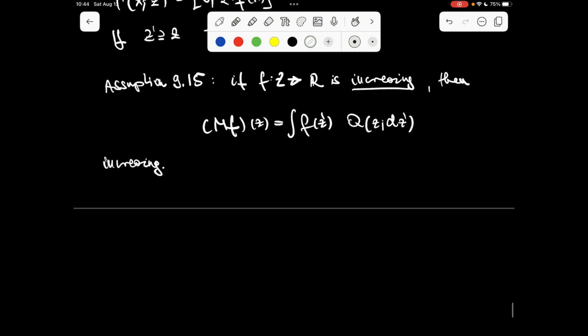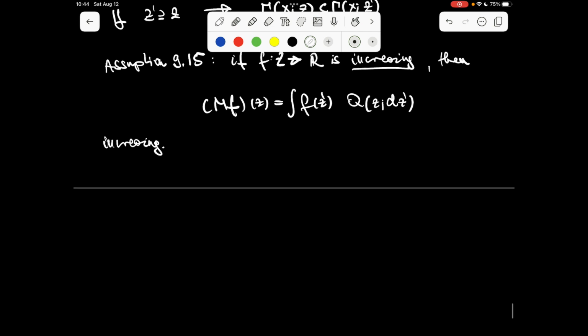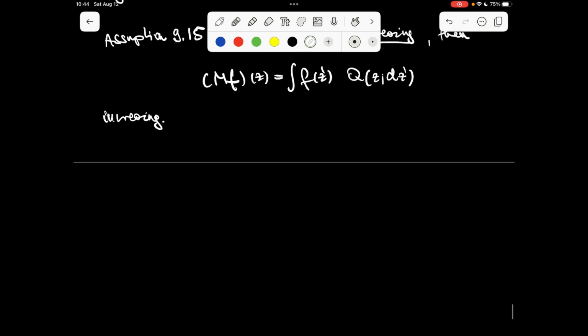So given that assumptions 9.13, 14 and 15 hold, then according to theorem 9.11, the value function v is increasing in z.